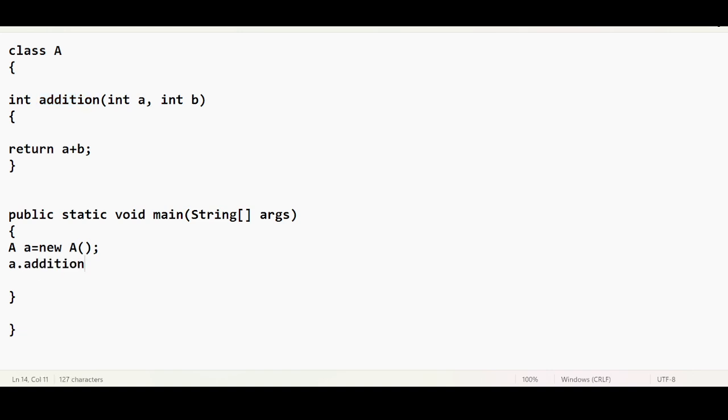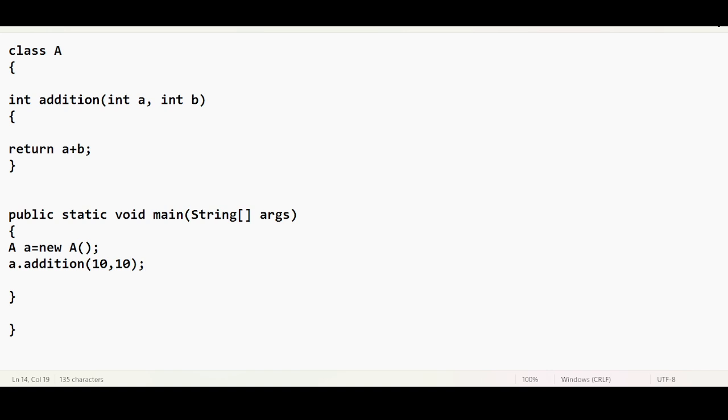But this method is accepting two arguments. One is integer type, second one is also integer type. So you have to pass two arguments where you want to find the summation of two inputs. Arguments can be in the form of integers. You pass 10, 10.